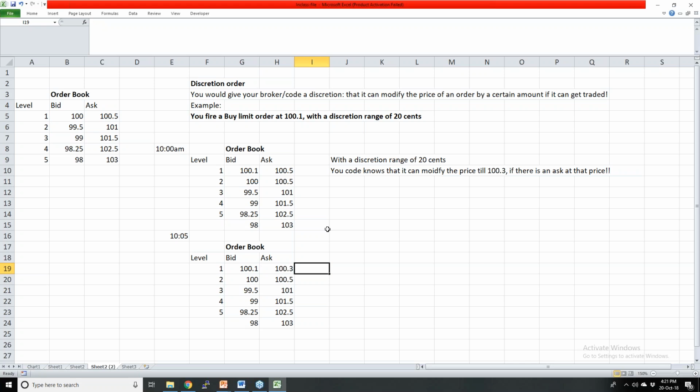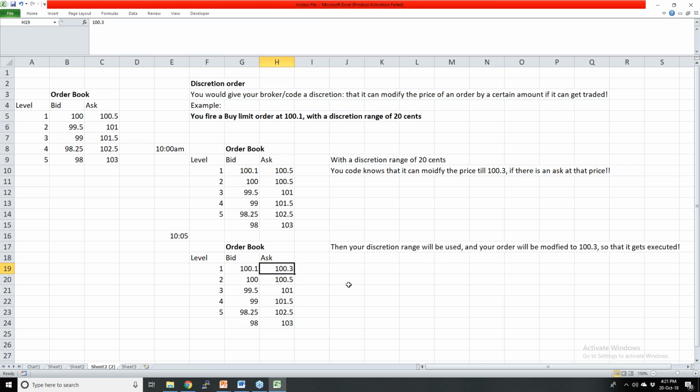So if there's another order, then your discretion range will be used, and your order will be modified to 100.3 so that it gets executed. Is this clear?